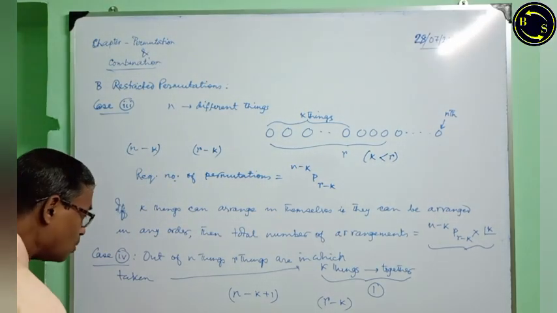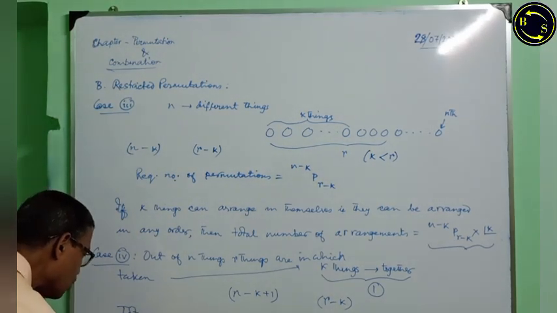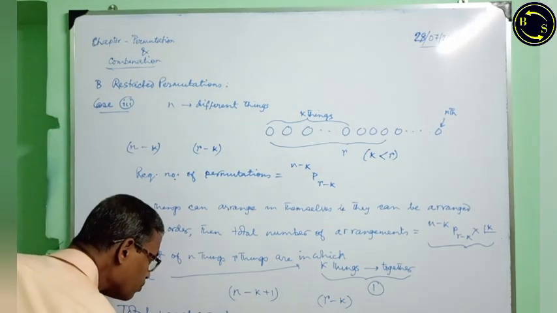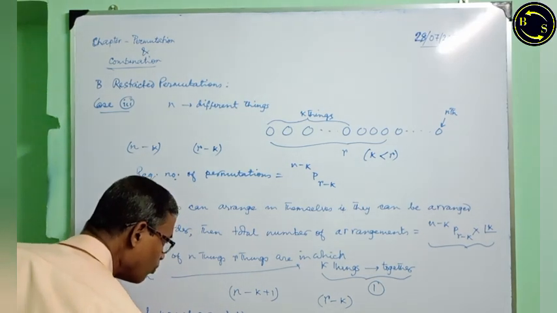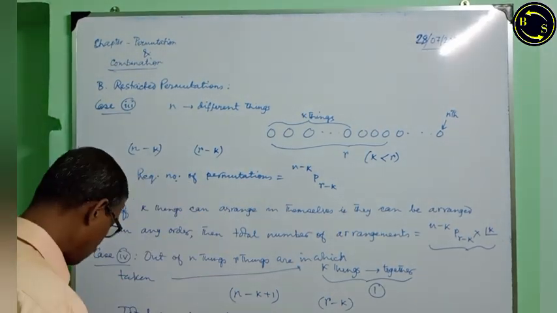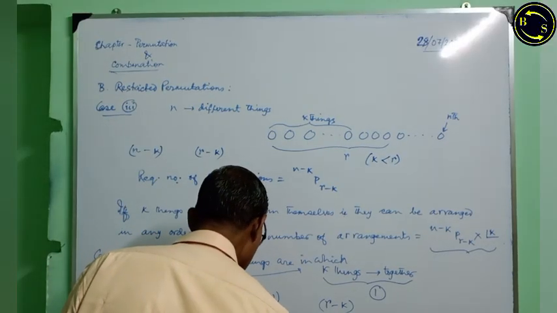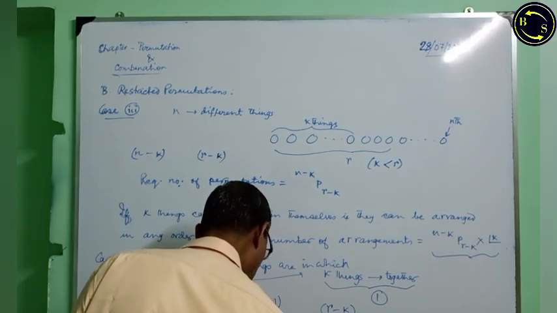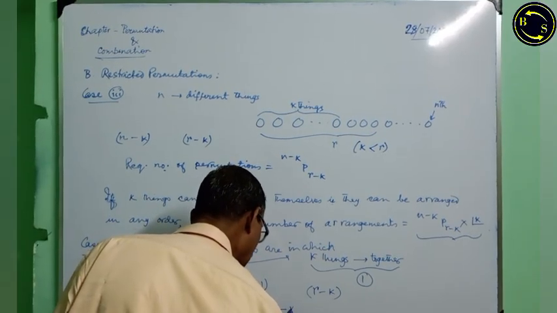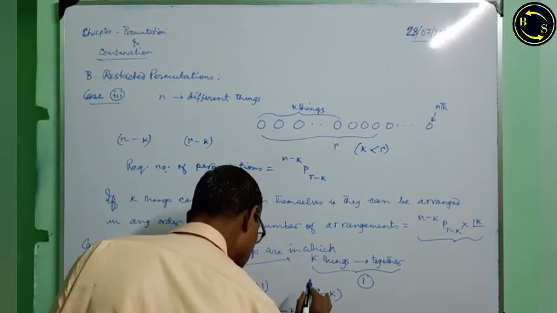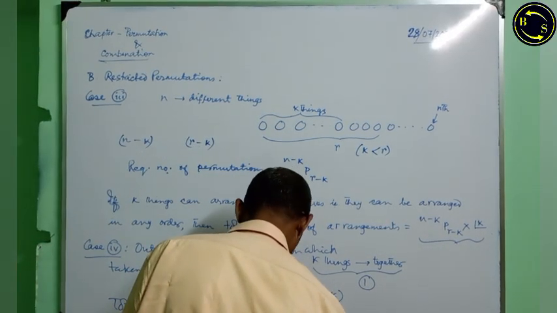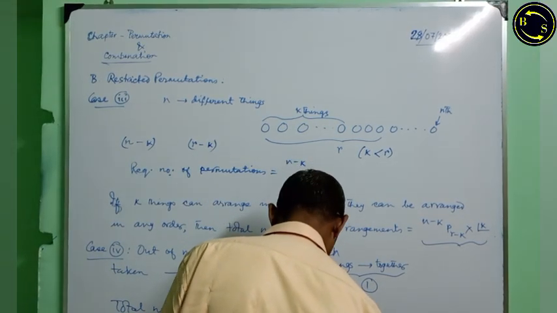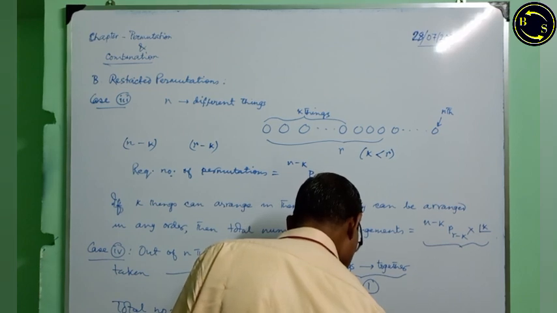That means the total number of permutations is n minus k plus 1 P r minus k plus 1.